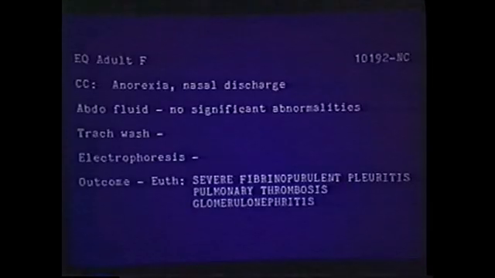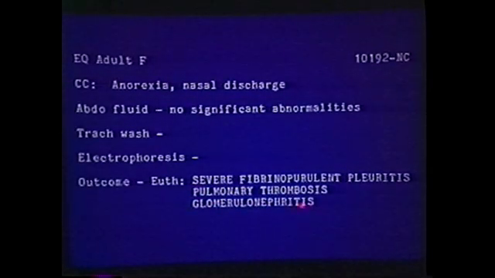Endocarditis was a differential, but we mentioned earlier another one was glomerulonephritis. So this guy actually had as his major problem a severe fibrinopurulent pleuritis and probably pneumonia, perhaps secondary to that chronic low-grade respiratory infection.